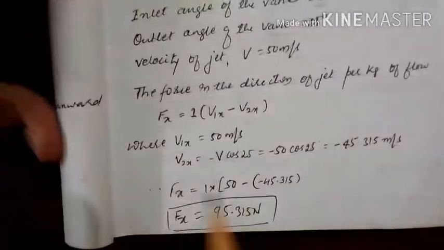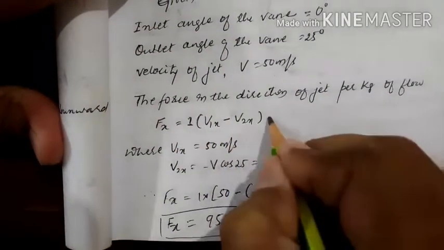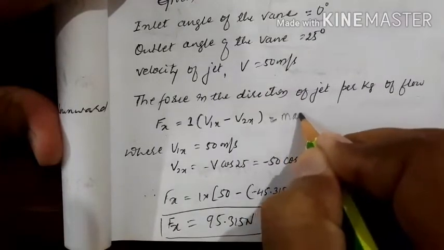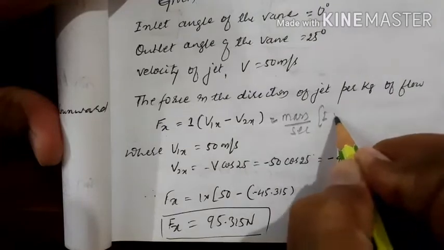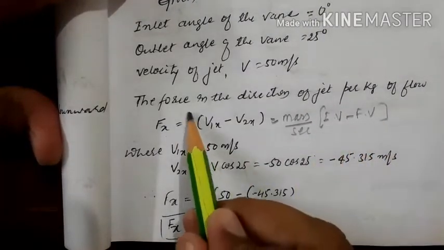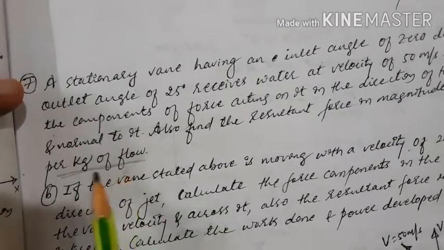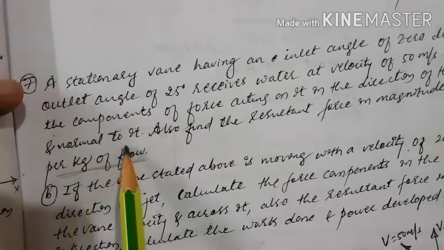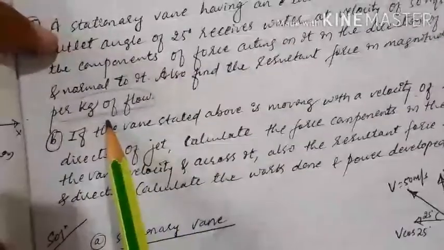For this one, let us calculate Fx. Fx is mass per second into initial velocity minus final velocity. We know this formula, and we have to calculate per kg of flow, so we take 1 kg per second for the mass flow rate.